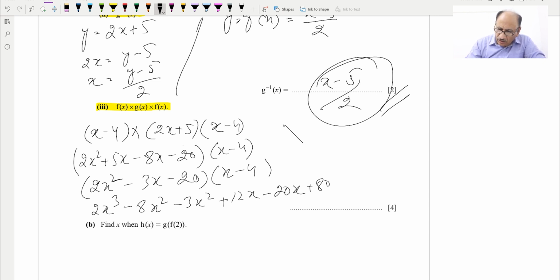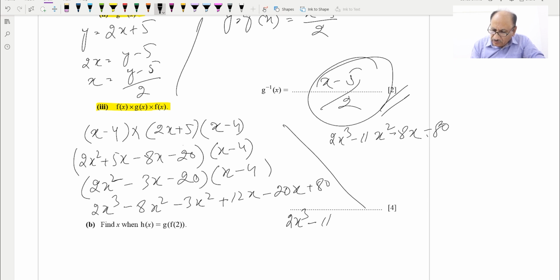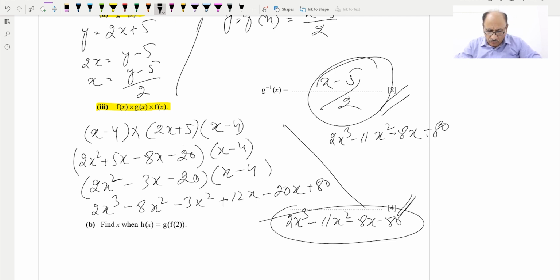Now we need to add the like terms. So 2x cube as it is, and then minus 8x square and minus 3x square, so minus 11x square, and minus 20x and plus 12x will be minus 8x, and plus 80, and this will be our final answer. 2x cube minus 11x square minus 8x plus 80, and this is for 4 marks. Hopefully you understand this.